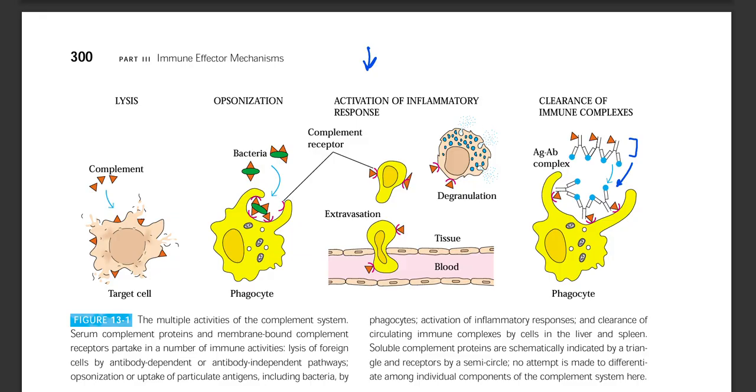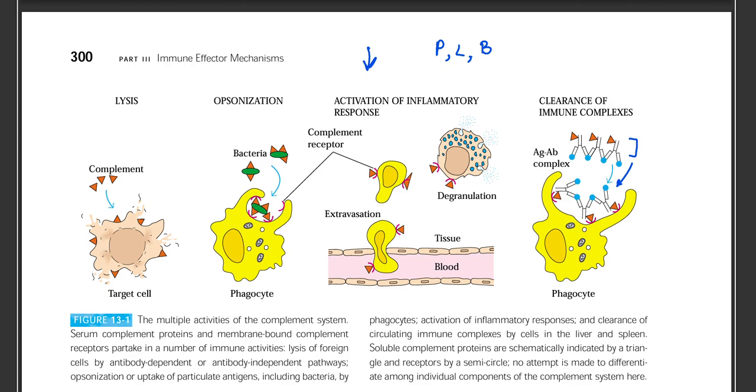The release of these is triggered by the complement proteins, which trigger mast cells, basophils and other such cells to release these components, and these components later cause inflammation.